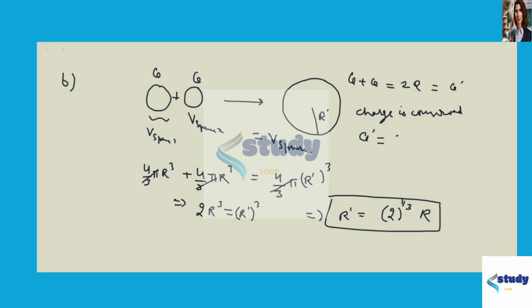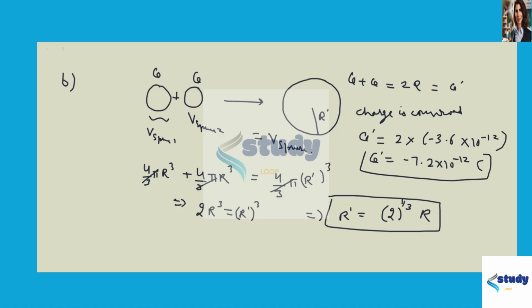So we have 2 times minus 3.6 into 10 raised to minus 12 coulomb, which becomes minus 7.2 into 10 raised to minus 12 coulomb. So that's your Q prime, that's your new charge on this sphere. So this carries Q prime charge and radius r prime.